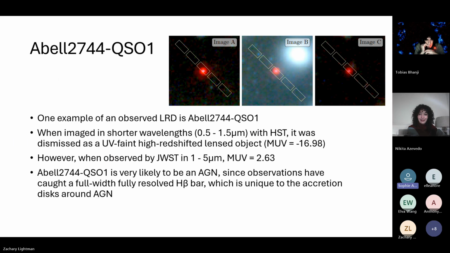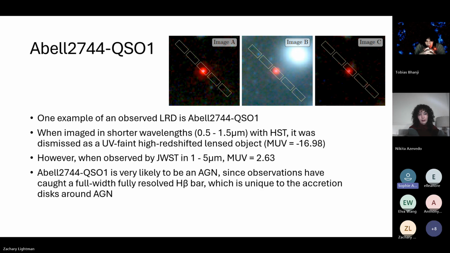Next slide, please. So this is a very cool example given to me by Nikita. This is Abell 2744-QSO1. It was first imaged by the Hubble Space Telescope, HST, in shorter wavelengths, so you can see here 0.5 to 1.5 micrometers. Initially, because of this observation, it was just dismissed as a highly redshifted lensed object that was quite UV faint.